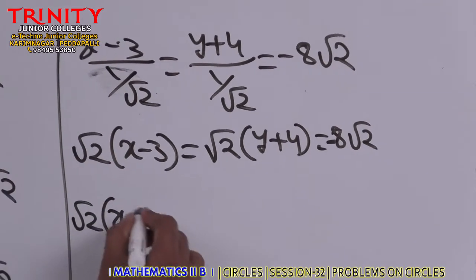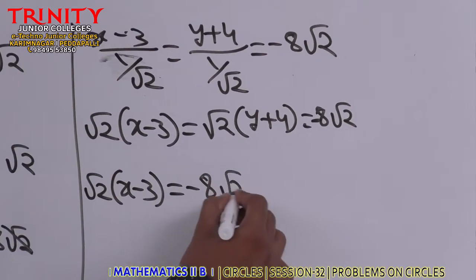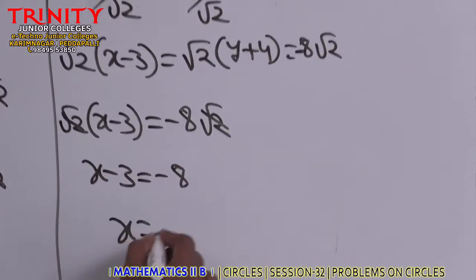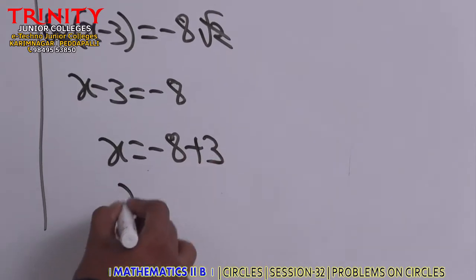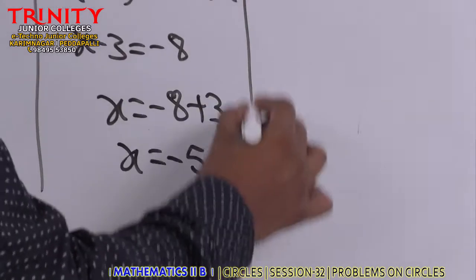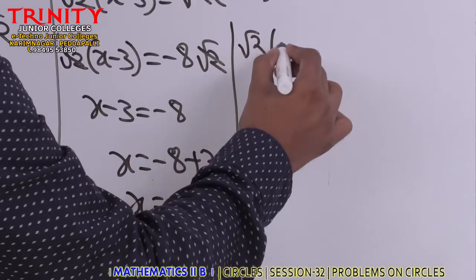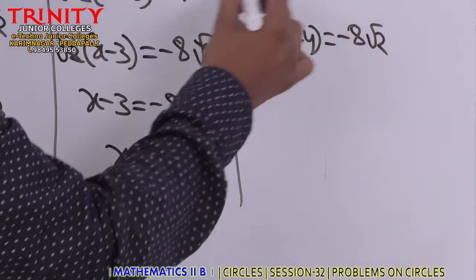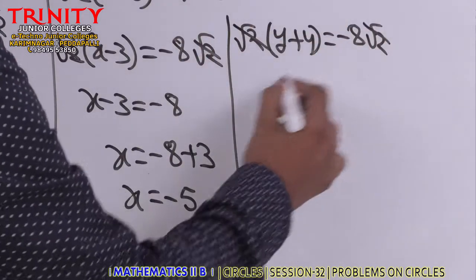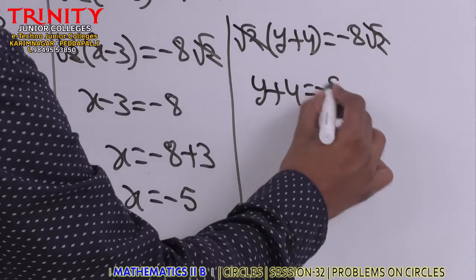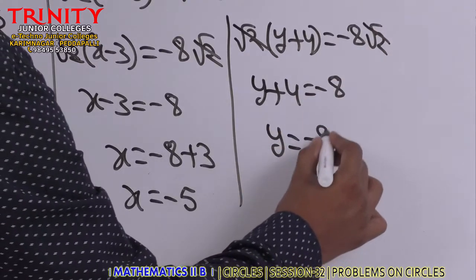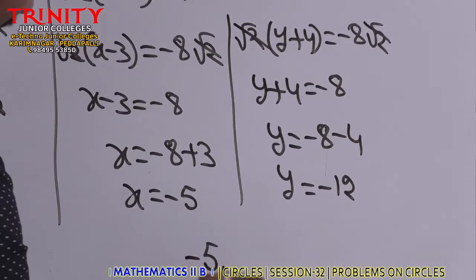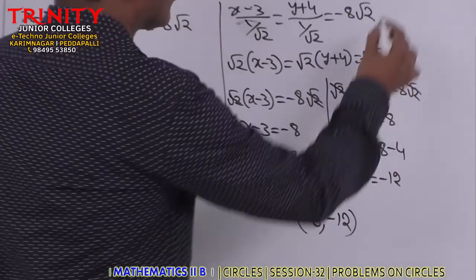Root 2 cancels, x minus 3 equals minus 8, x equals minus 8 plus 3, x equals minus 5. And root 2 into (y plus 4) also equals minus 8 root 2, root 2 cancels, y plus 4 equals minus 8, y equals minus 8 minus 4, y equals minus 12. Another vertex is (minus 5, minus 12).